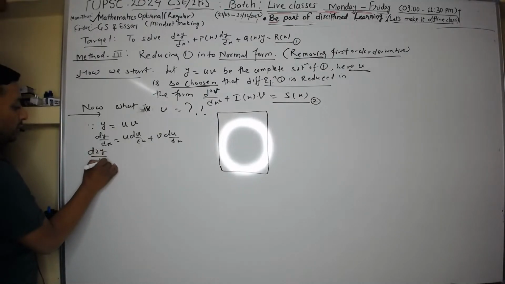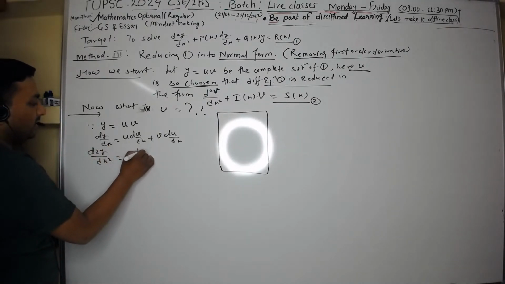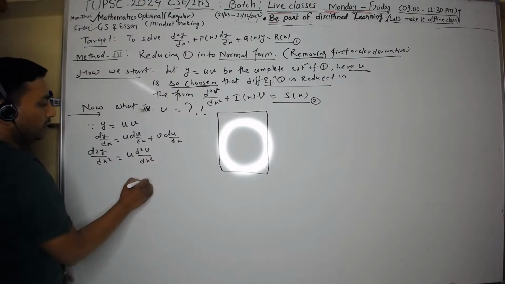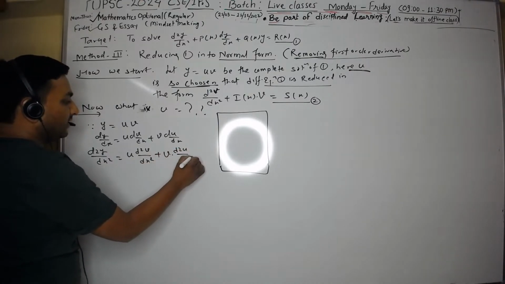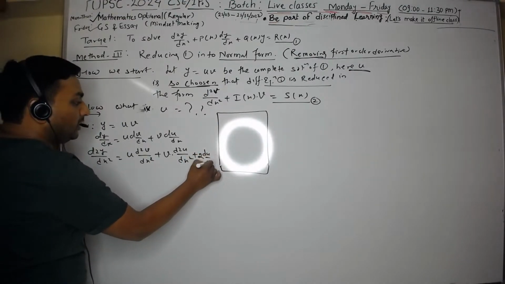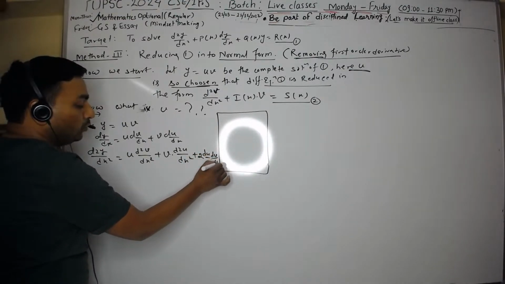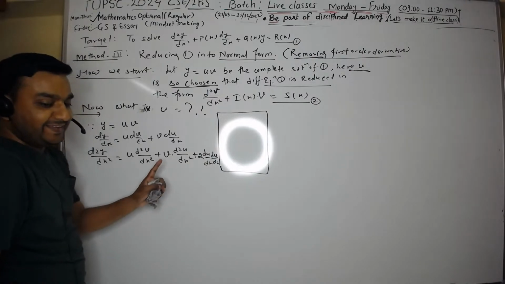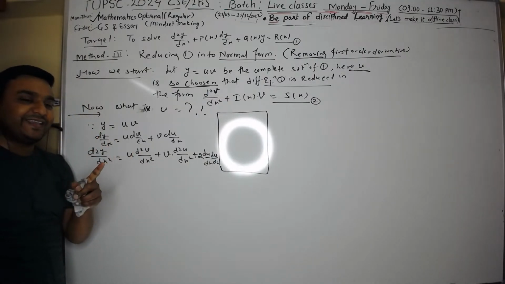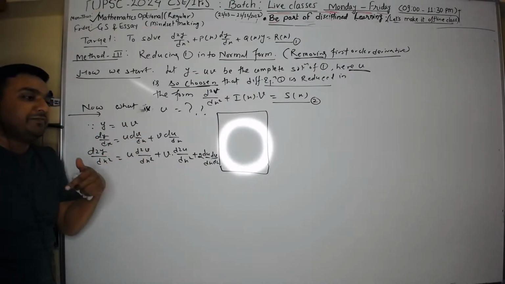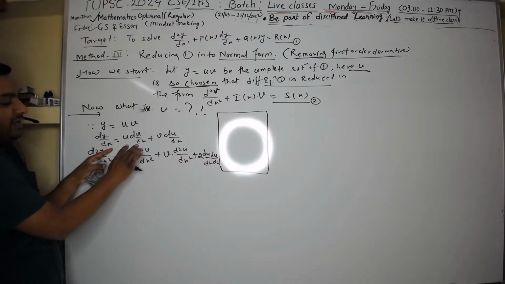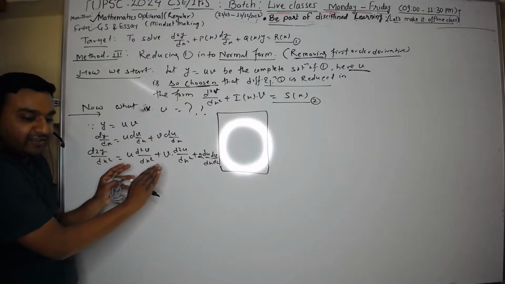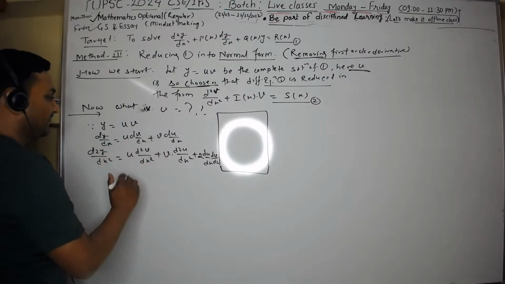What is d2y over dx square here? u into d2v over dx square plus v into d2u over dx square plus 2 du over dx into dv over dx. Yesterday I suggested you that these expressions will be frequently used and you should be in the habit of them. Either you differentiate it calmly, you will get this, right?